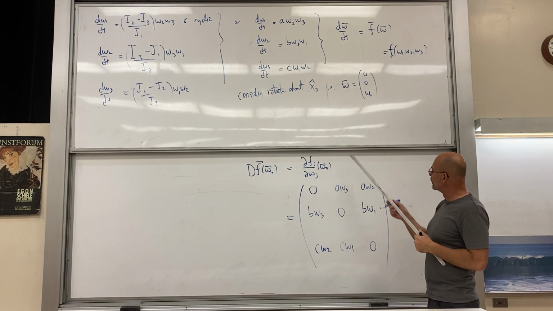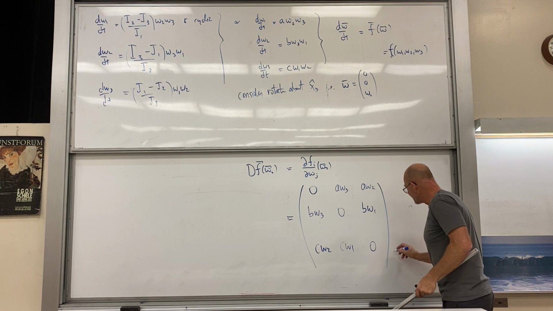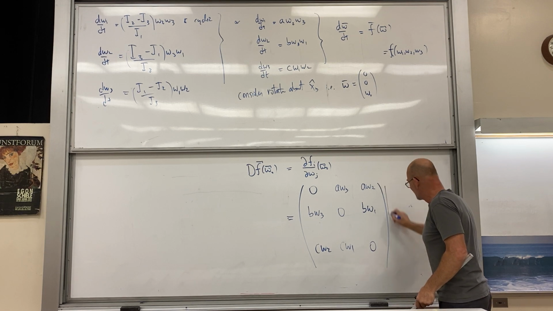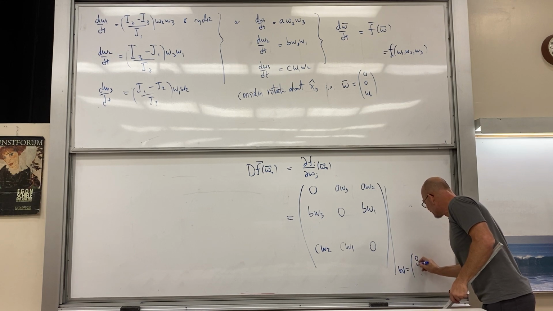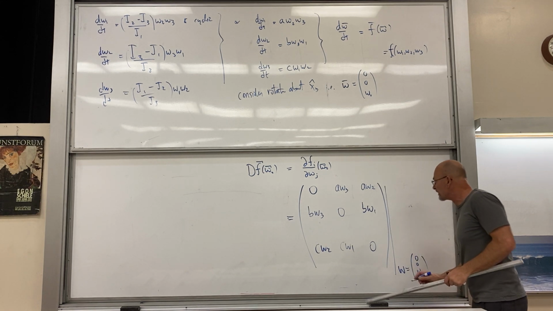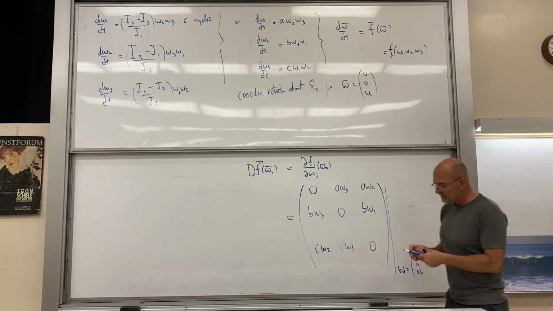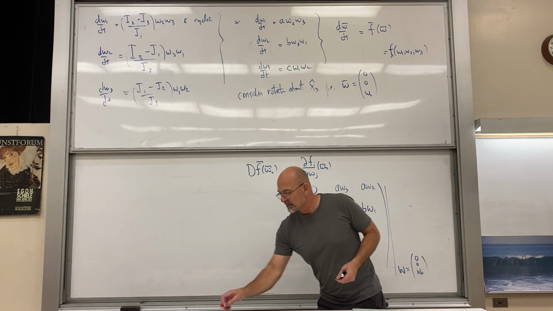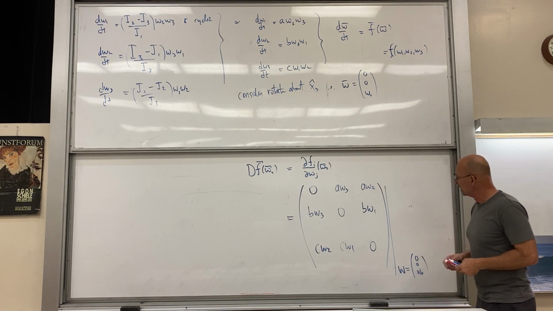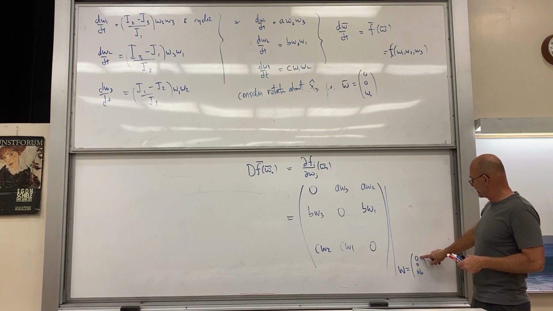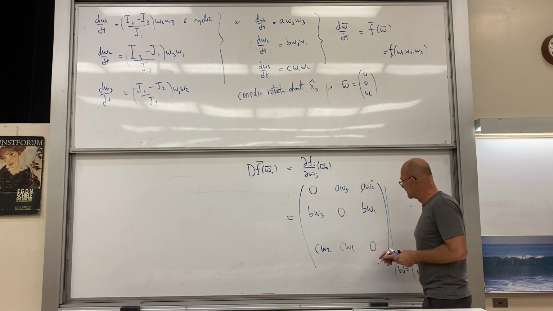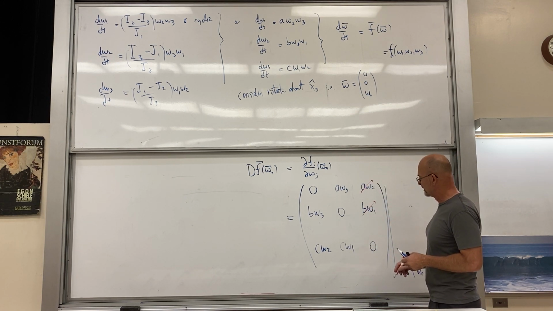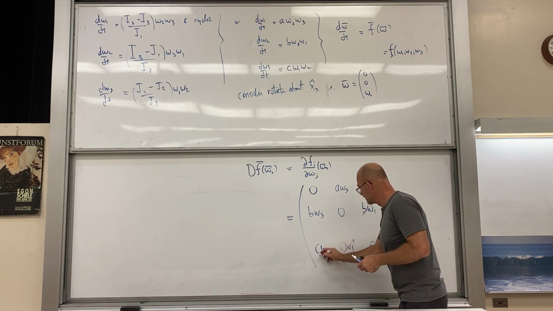Those are just those first derivatives, but we're supposed to evaluate these at omega equals 0, 0, omega 0. So I think I'll do that right here with a different color. So omega 1s and omega 2s are all 0. So we can strike that, we can strike that, we can strike that, we can strike that.